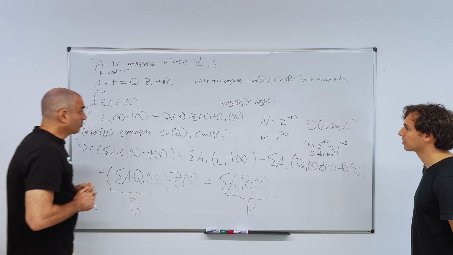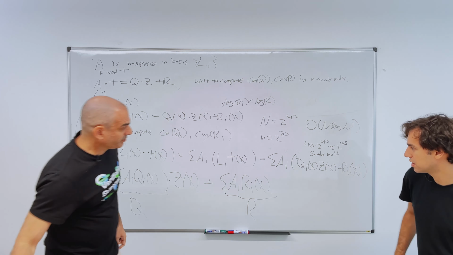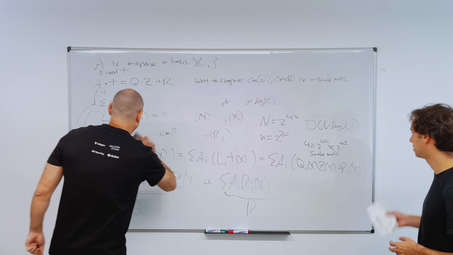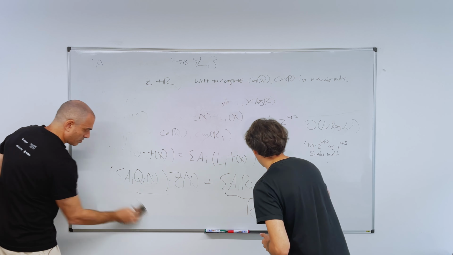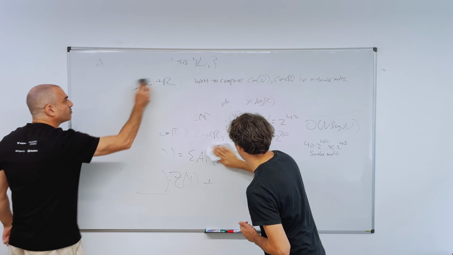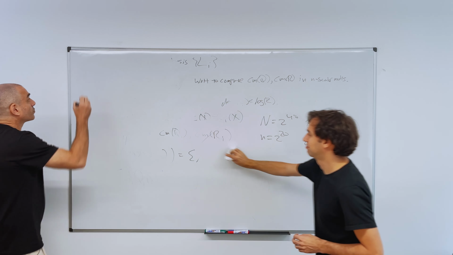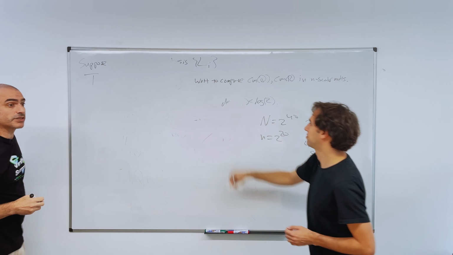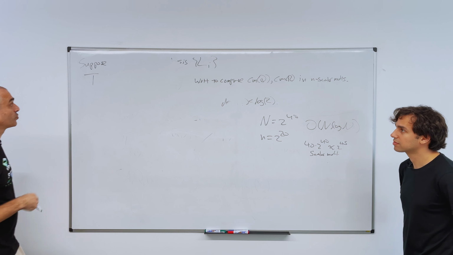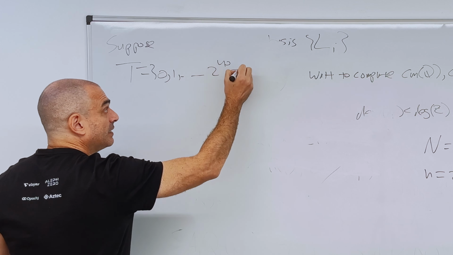So, for example, suppose that the table is just the table of 40-bit strings. So as field values, the table is just the values 0, 1, up to 2 to the 40 minus 1.